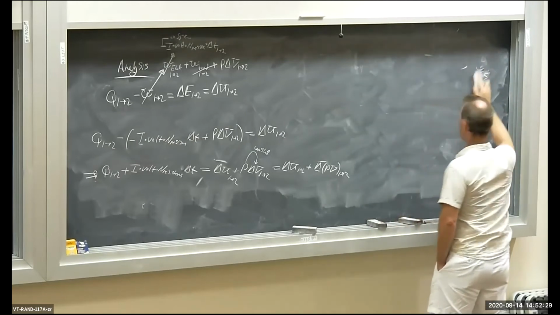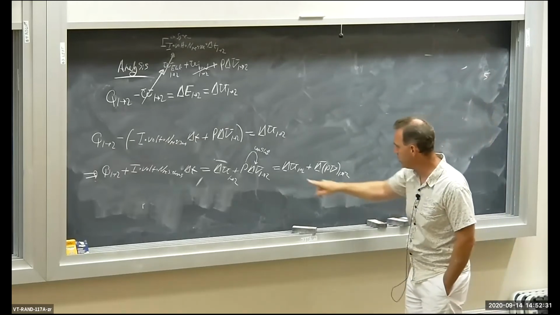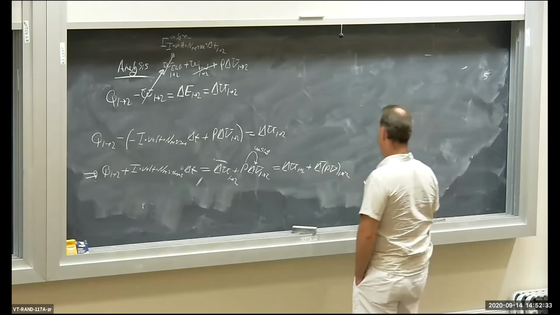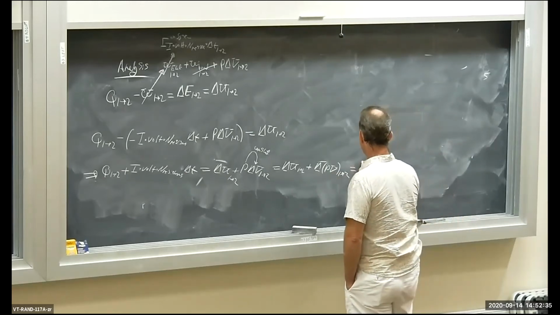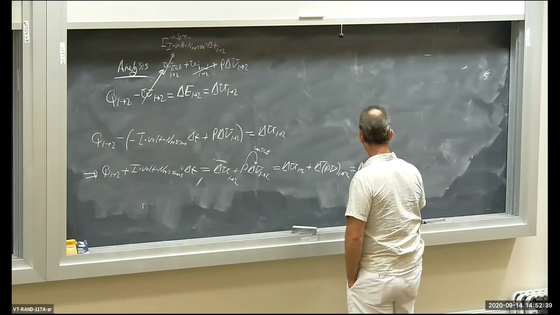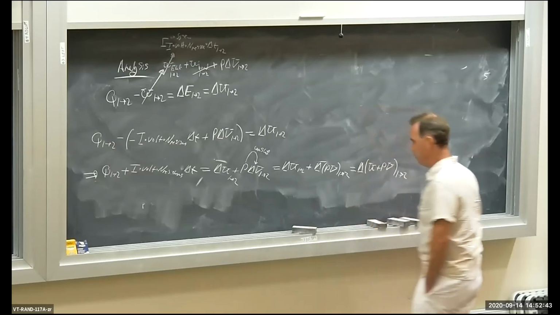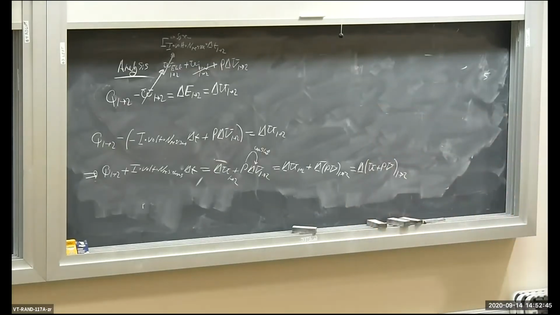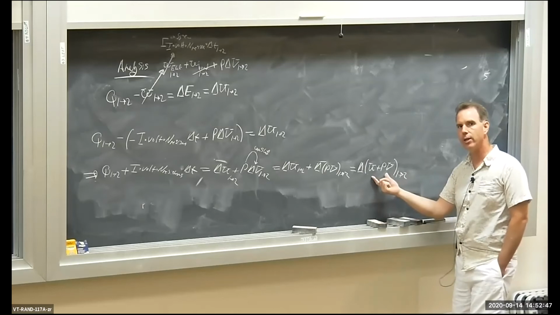Both terms on the right are over the process 1 to 2, so I can rewrite this as delta (U plus PV) from 1 to 2. U plus PV, hopefully this rings some bells.